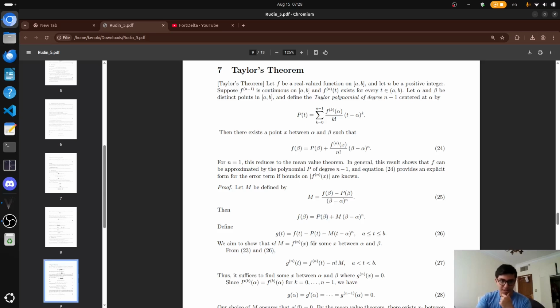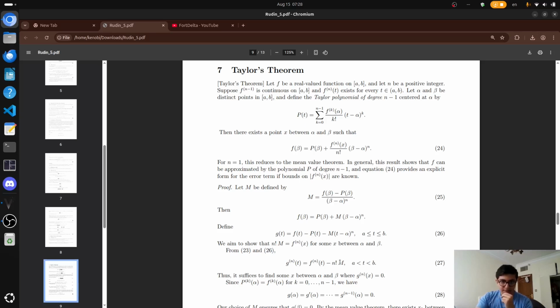So if you differentiated n times, all of the values will go to 0, because you're just left with constants and you're taking their derivatives. So you're going to get g n of t is equal to f n of t minus n factorial m, because when you take the derivative n times, you're going to be left with n factorial. Each time you're reducing the power and multiplying by n times n minus 1 times n minus 2, etc.